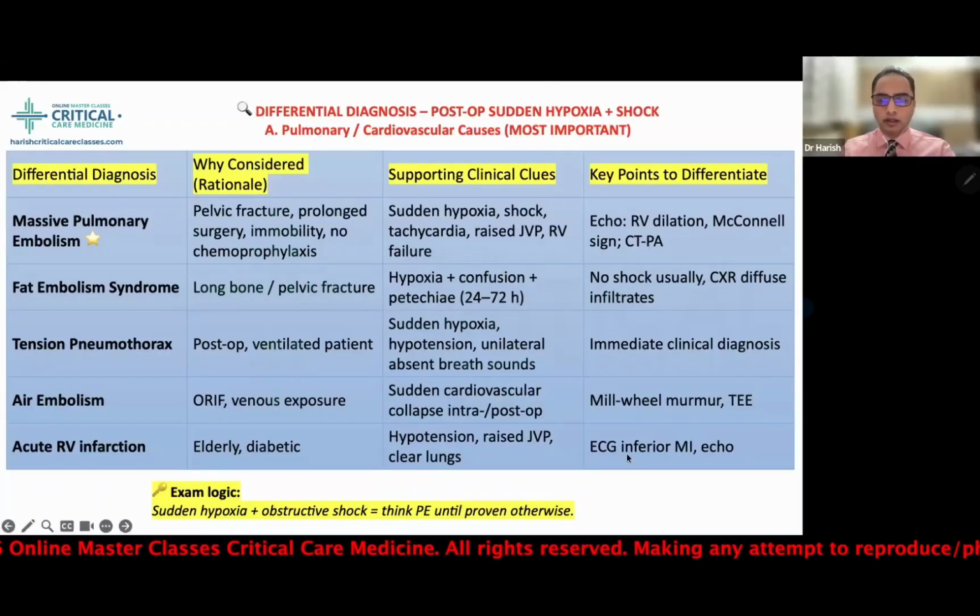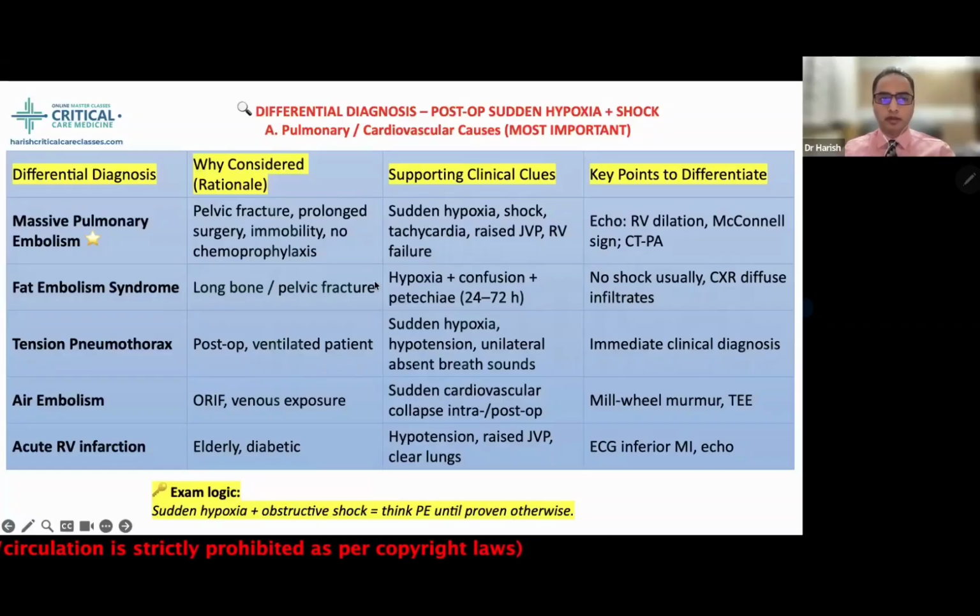With back pressure, there is a rise in CVP. ECG shows inferior wall MI, and echo you can do to get an idea about the regional wall motion abnormality. So here, sudden hypoxia plus obstructive shock. Think about pulmonary embolism until proven otherwise, because of the clinical background and supportive clinical clues.